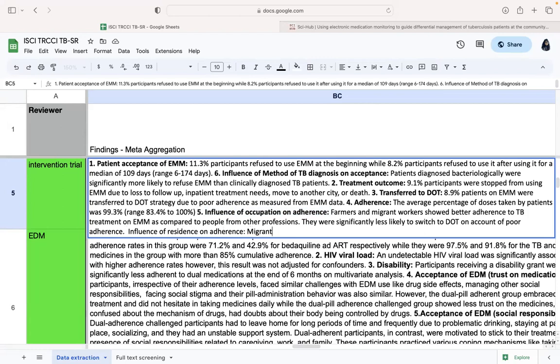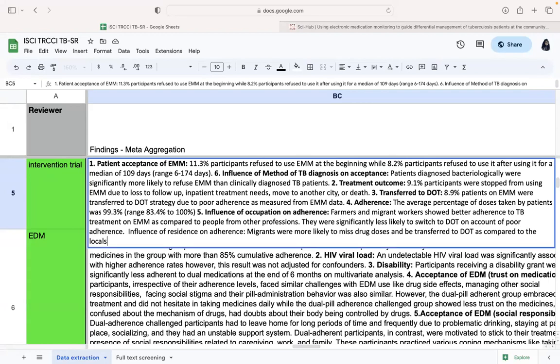So migrants were more likely to miss drug doses and be transferred to DOT as compared to the locals. You see how I changed that sentence? The meaning should be conveyed. So this is another subheading, as you saw, influence of residence on adherence.